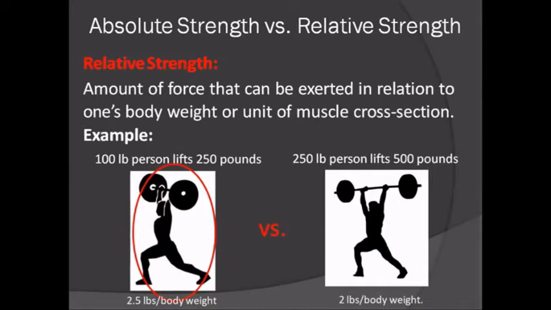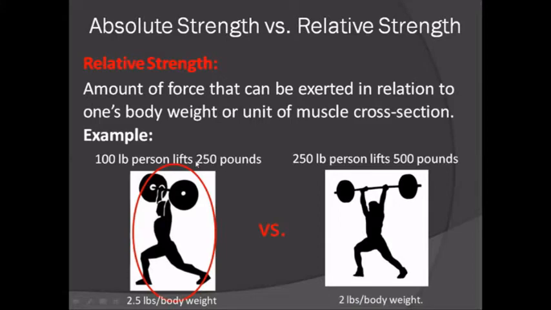It focuses more on the ability of your muscle to contract and exert force through the current structure you have available. So the formula for this one is load over weight. Load, or the pounds or kilograms of your material or equipment, over your weight or the weight of the person.